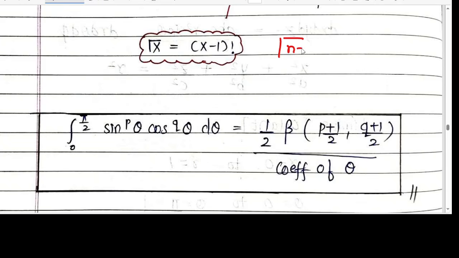This we have used many times. Suppose gamma of n plus 1 is there, we can write it as n factorial, or if gamma of n is there, we can write n minus 1 factorial if it is a positive integer. For example, if I want gamma of 7, we can just write 6 factorial.